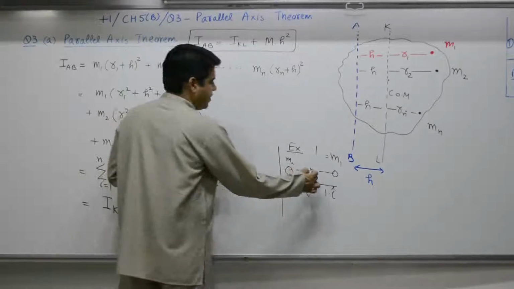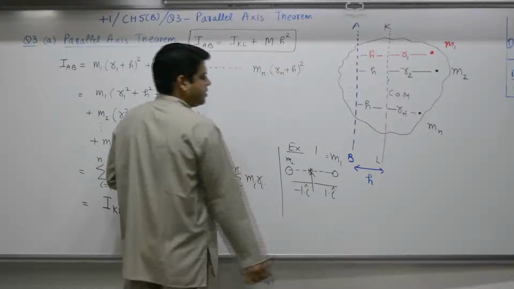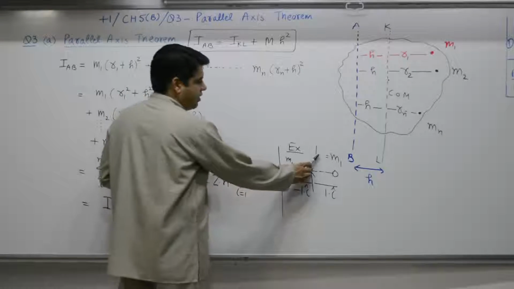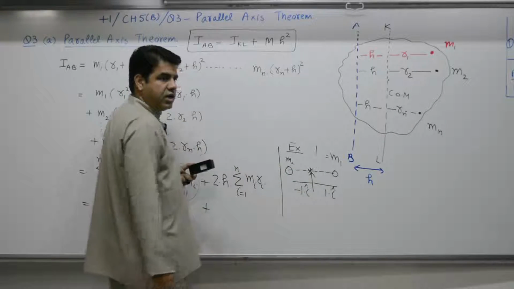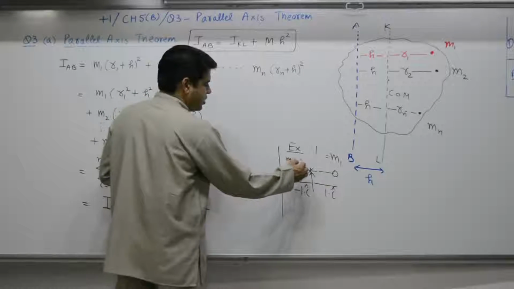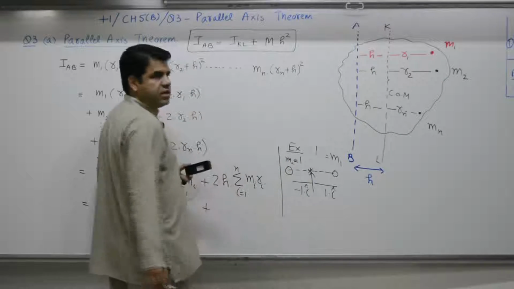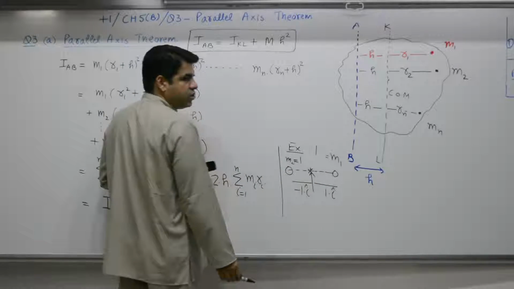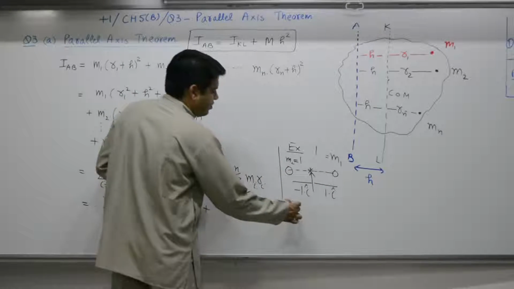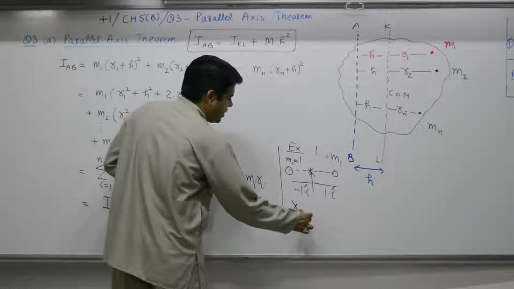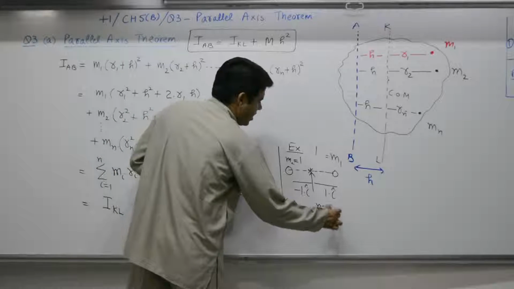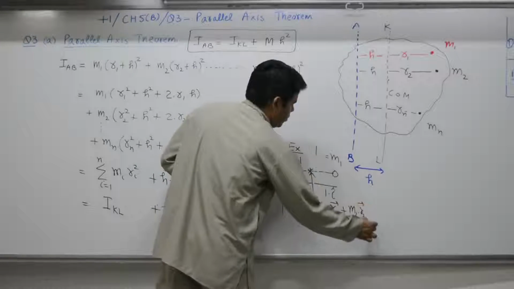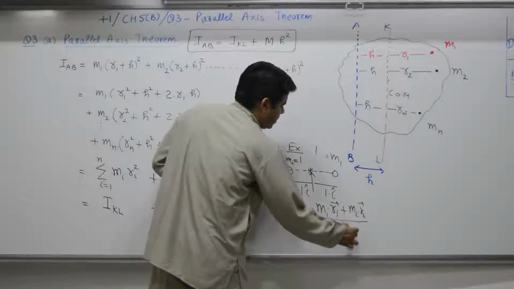This is the center of mass. m1 times r1 is how much? 1 into 1, 1 i. m2 is also equal to 1 kg into minus 1, minus 1. So m1 r1 plus m2 r2 comes out to be equal to what? 0, because r center of mass was equal to what? m1 r1 plus m2 r2 over m1 plus m2.